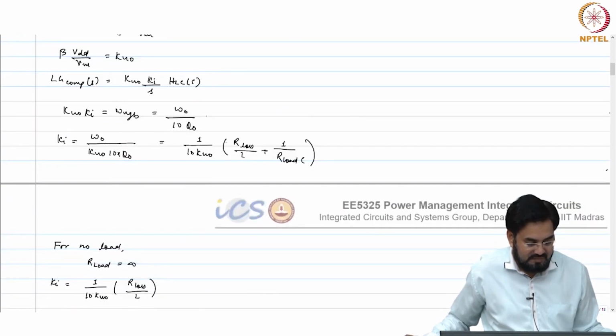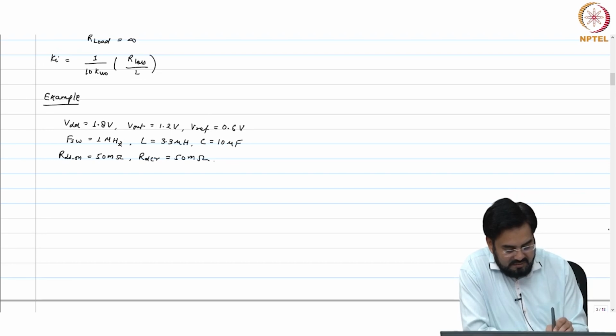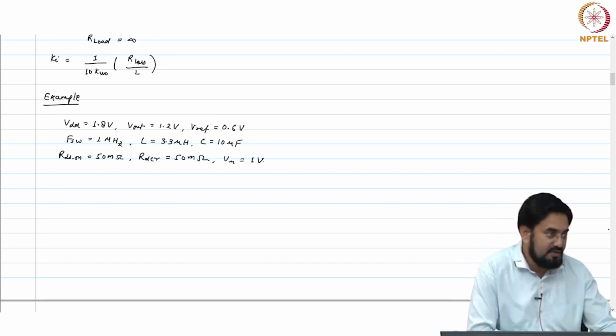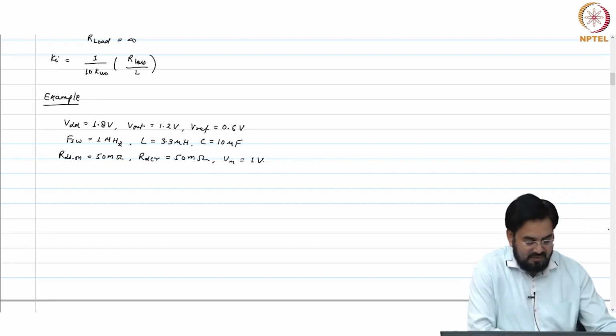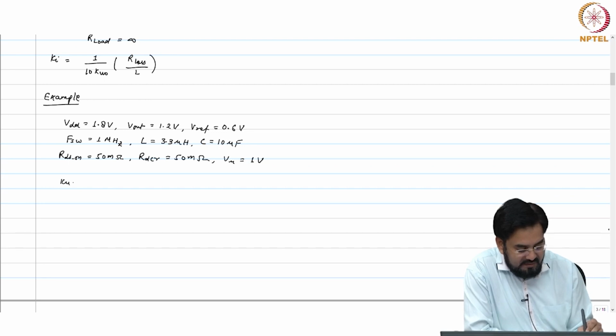And Vm equal to 1 volt, your ramp amplitude. So Ku0 you can calculate.